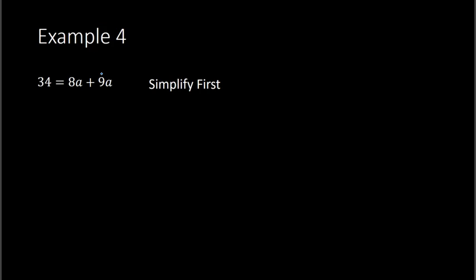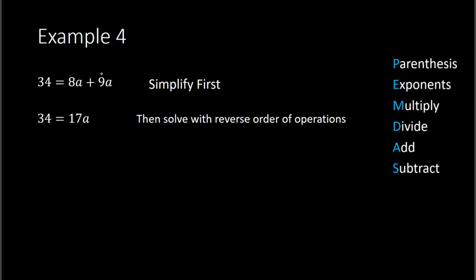So what I have is 17a on the right side, or 17 times a, and then on the left side I have 34. And then once I have simplified, then I can solve with reverse order of operations, which in this case there's only one thing to do, so it doesn't really matter too much. But in future ones, you would follow this reverse order of operations.